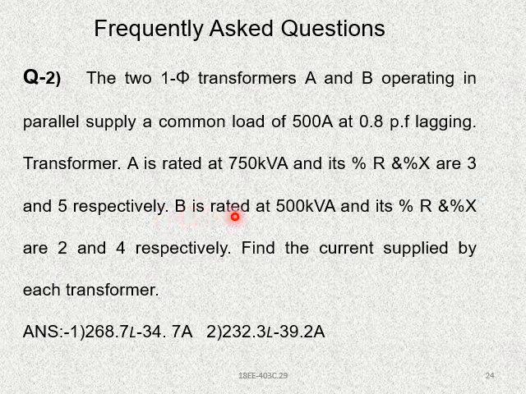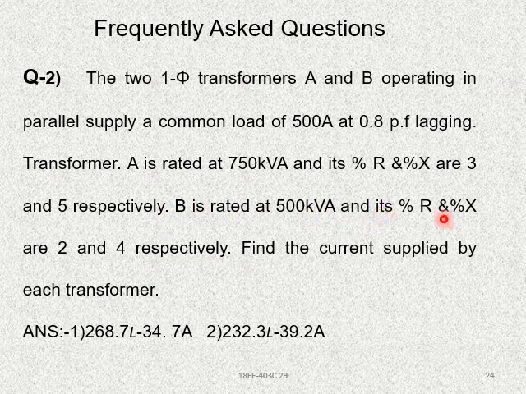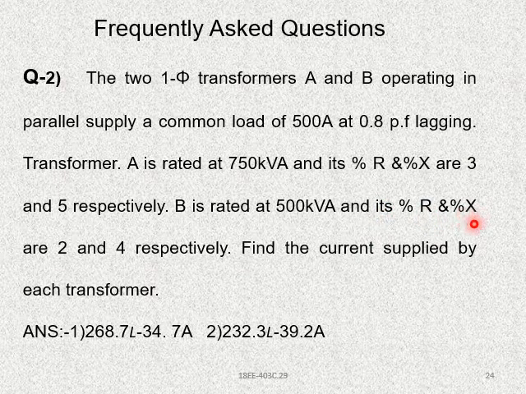Transformer B is rated at 500 kVA, and its percentage resistance and percentage reactance are 2 and 4 respectively. Here you need to find the current supplied by each transformer, similarly IA and IB. You have the answers here. Just try to solve the problem and cross-check whether you are right or wrong.